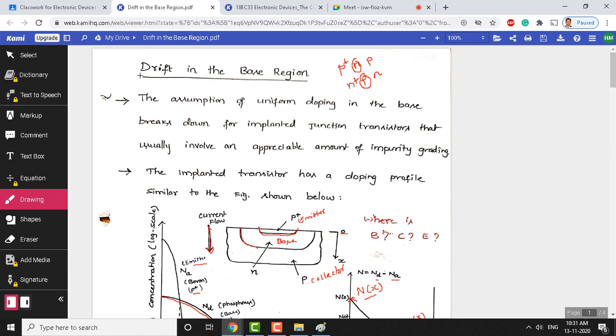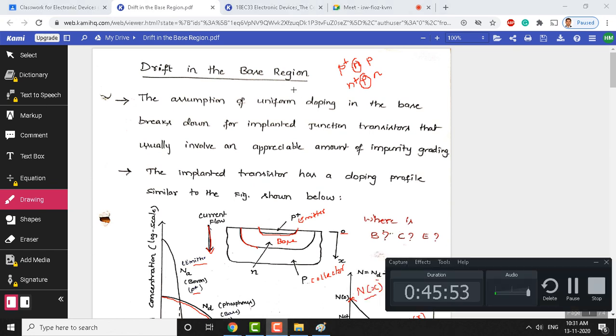For that we need to write the mathematical equation for the electric field within the base region, and with that help we can show that a charge transport mechanism happens in the base region. With that I would like to stop here, and next class we would like to continue with the same topic.